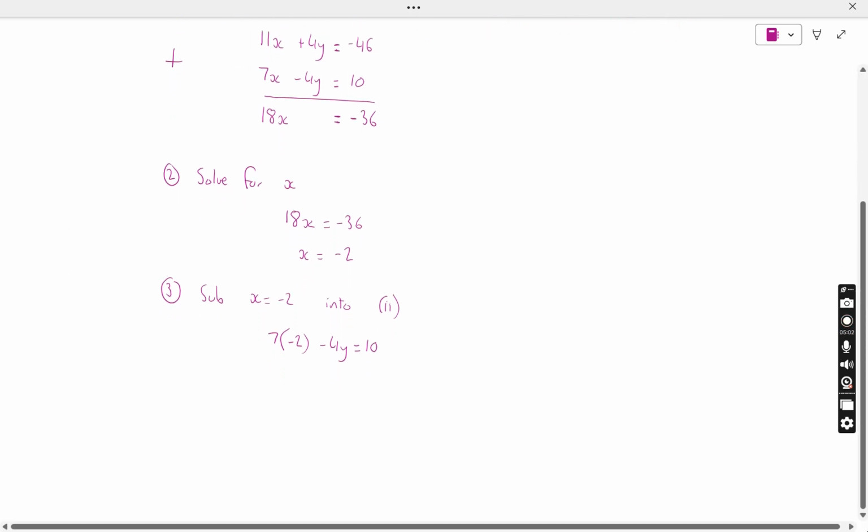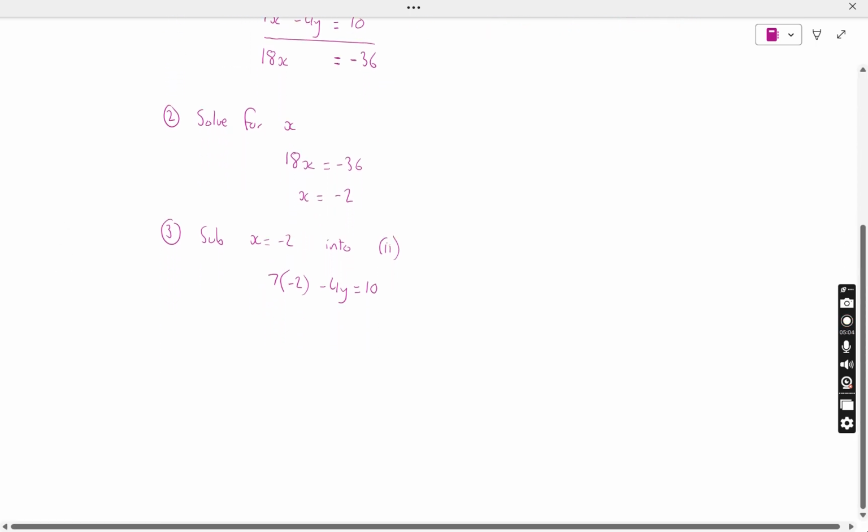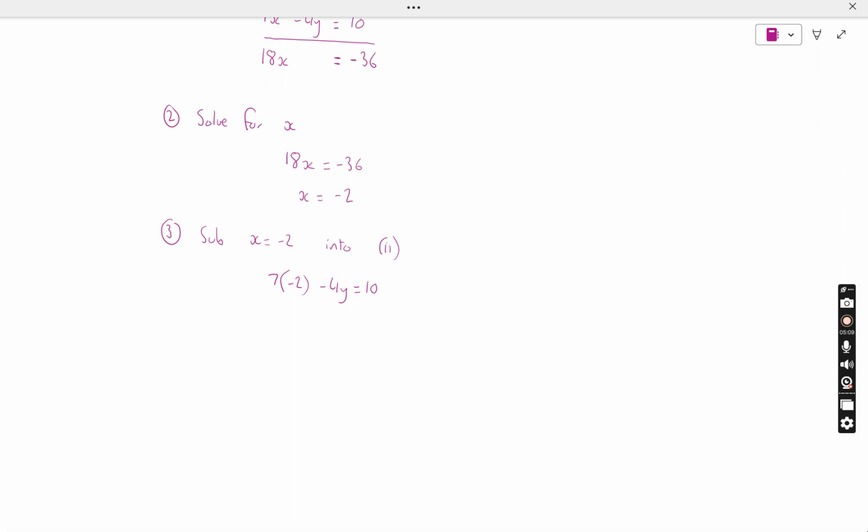Again, you can check that you've done this correctly because you should only have one variable, and we're trying to now solve it down for y. So 7 times negative 2 is negative 14 minus 4y equals 10. I'm trying to get y by itself, so the opposite of negative 14 or subtract 14 is to add 14.